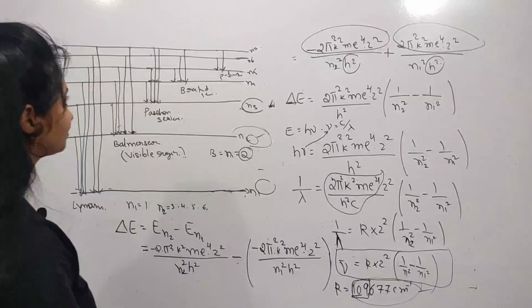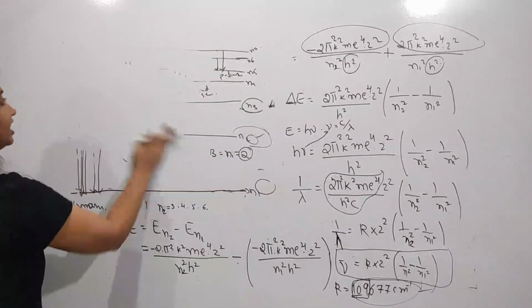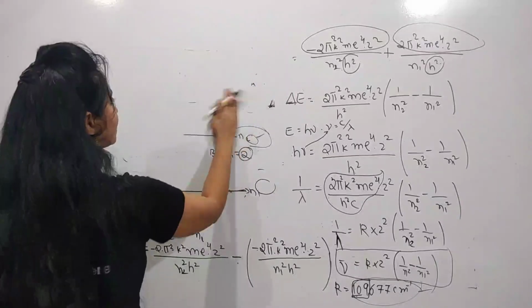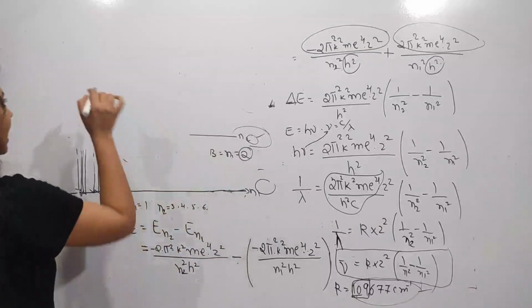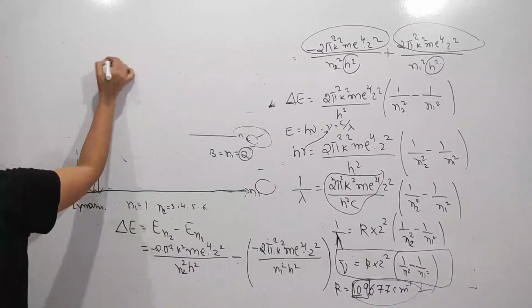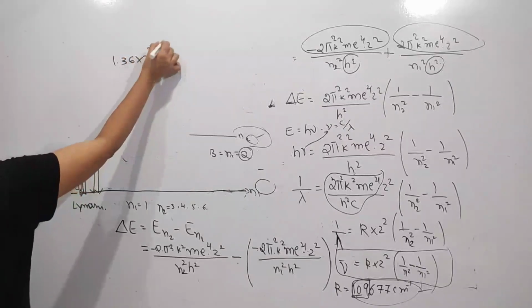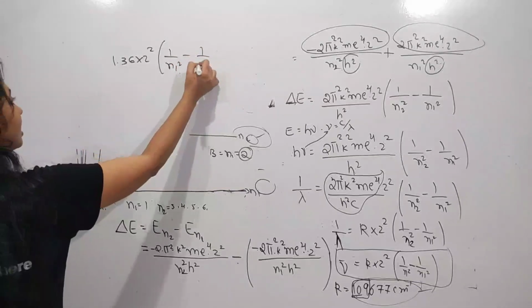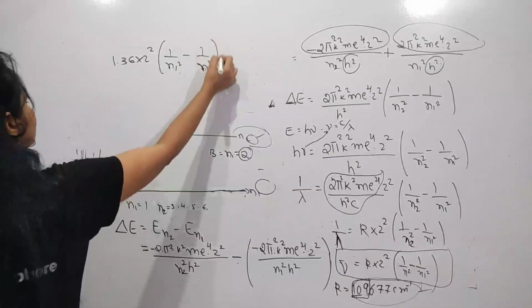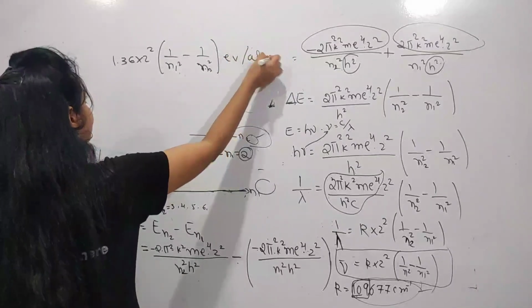And next we write this equation in the form of electron volt per atom, that is delta E equals 1.36 into z square into 1 by n1 square minus 1 by n2 square electron volt per atom.